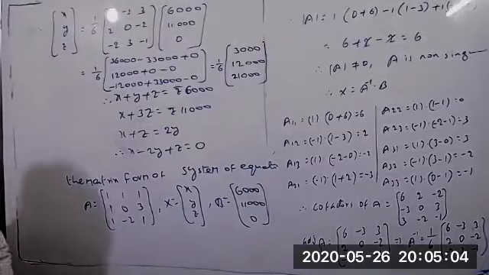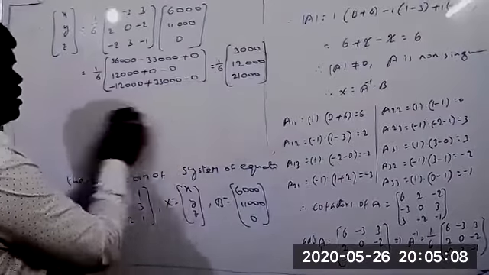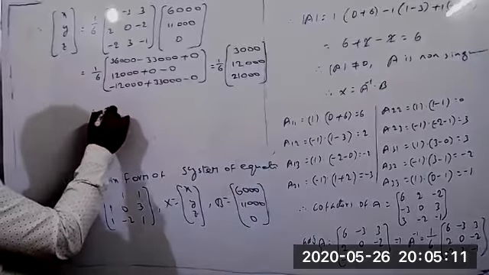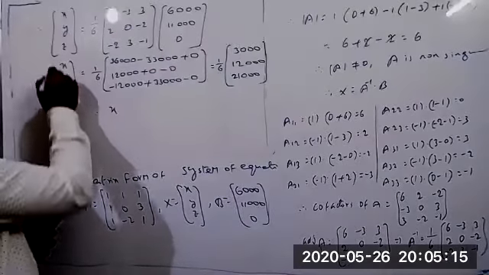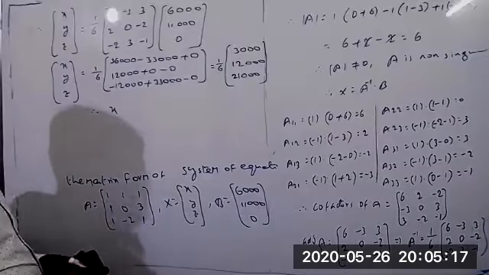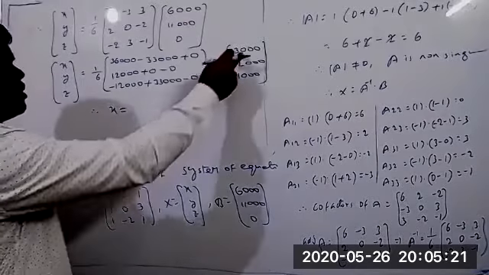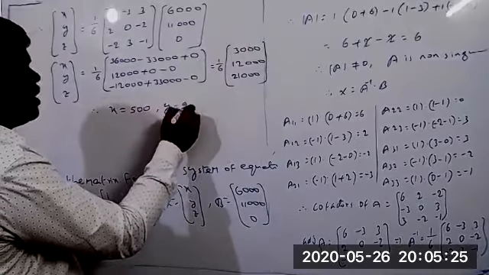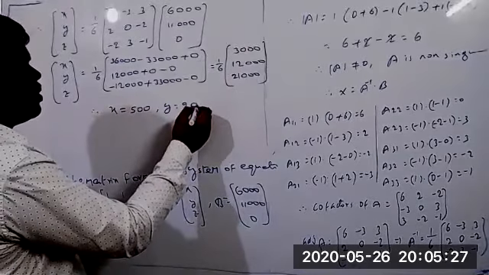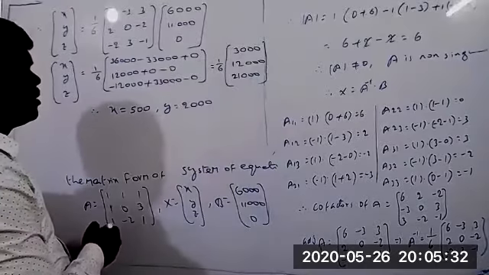Now we can find. So therefore, the value of x equal to how much, tell me? X, Y, Z. You can write one more step, after dividing also. I have taken directly. The value of x equal to 500. The value of y equal to 2 times 2000, that is 2000.